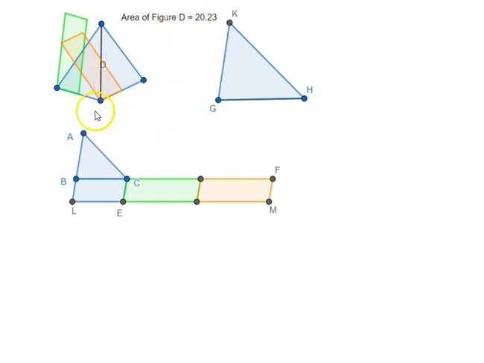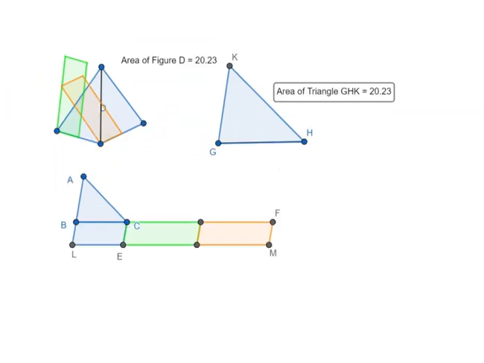I'm using the GeoGebra feature here. And the area of the triangle GHK is 20.23. The angle ABC, we copied to G. Angle ACB, we copied at H. So naturally, the third angles will also be equal.